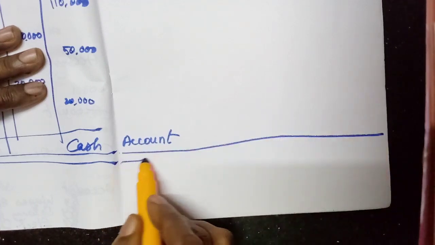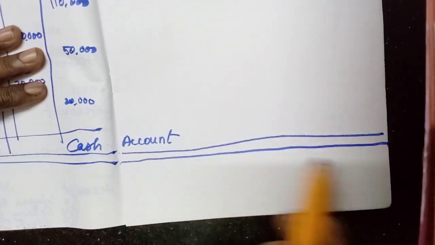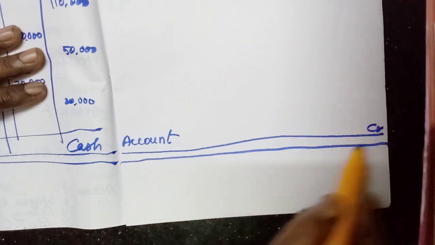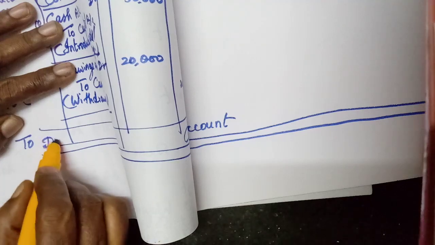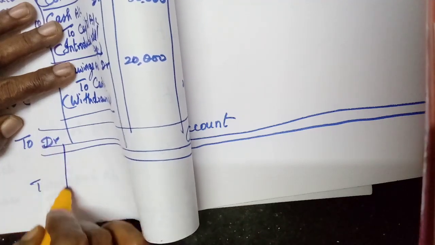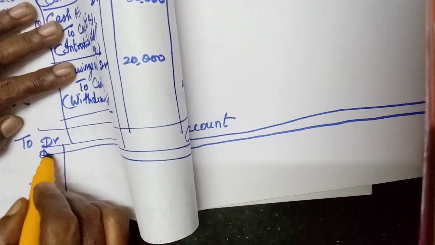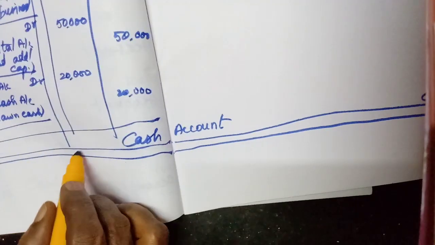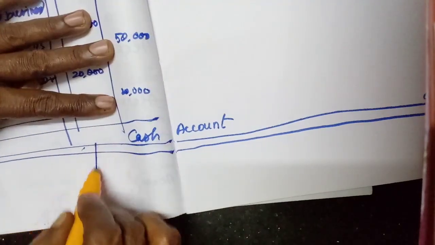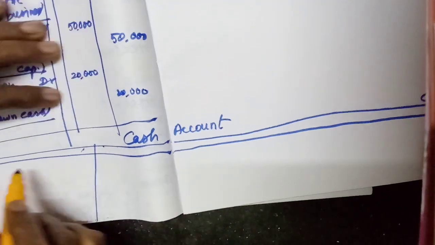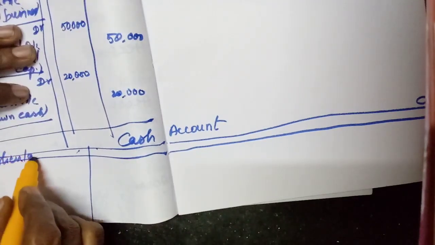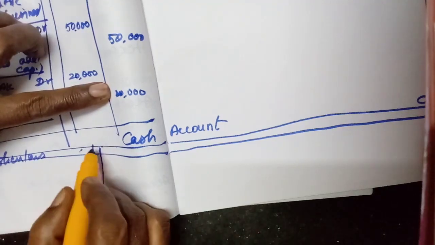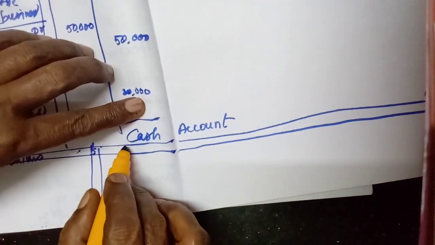Here creditor last, here debtor, this end. Now date, then particulars, then LF, then amount column.